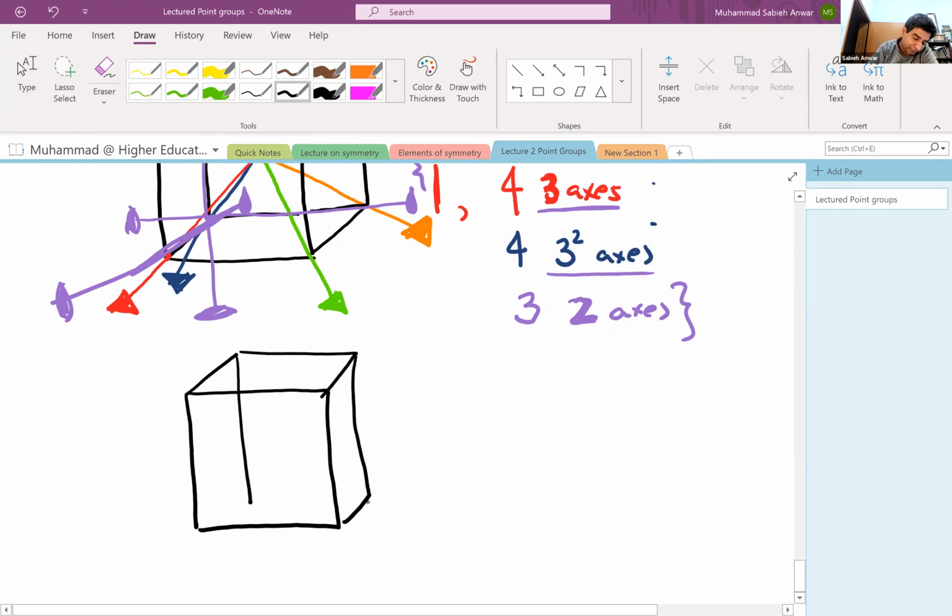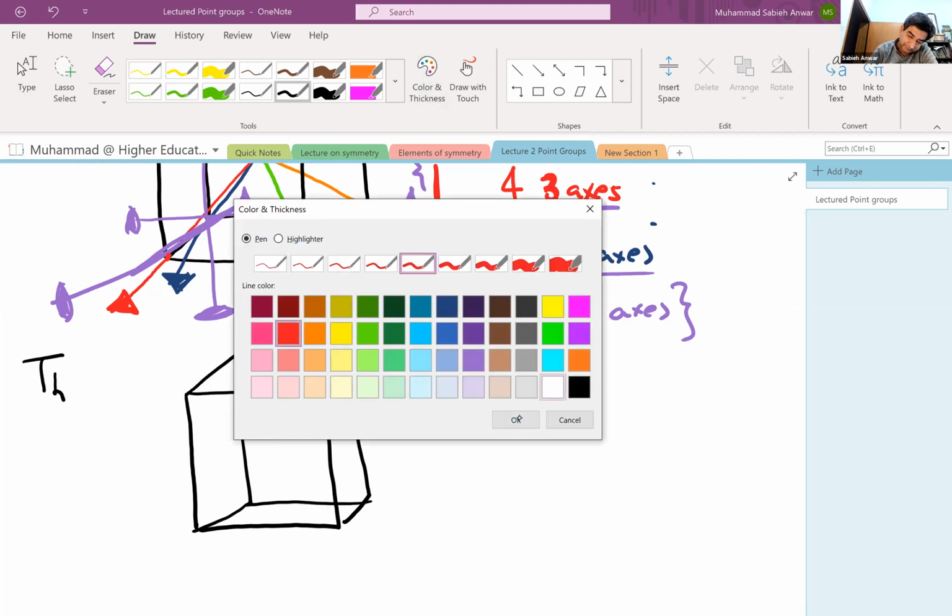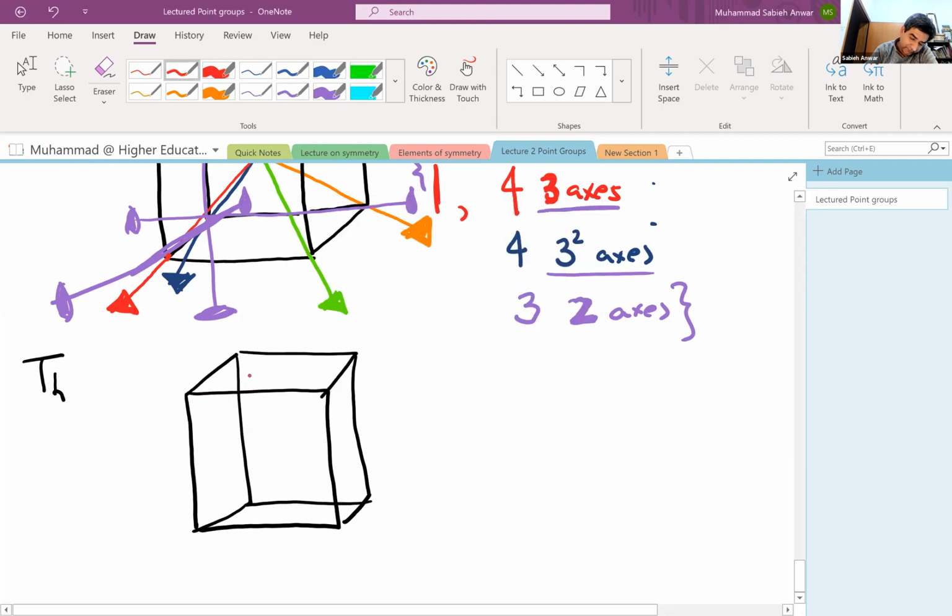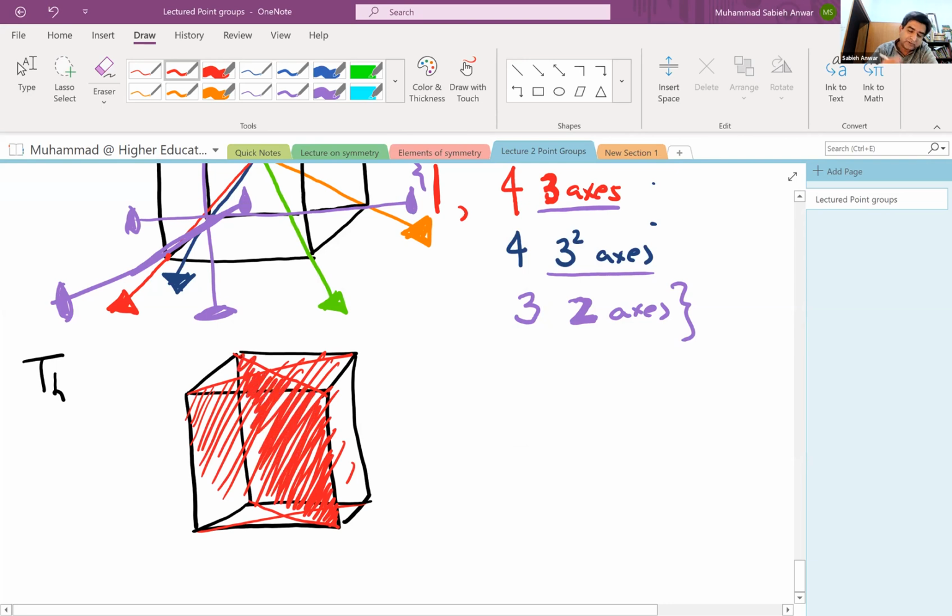So now I'm going to talk about TH. So one is this mirror plane here. If this plane were to become a mirror plane, and this plane here were to become a mirror plane, so these are parallel to the face diagonals, and I can construct 6 kinds of mirror planes of this kind. 6 different mirror planes of this kind, right?